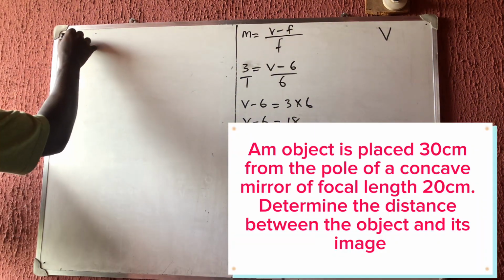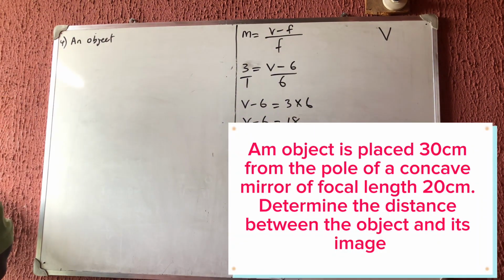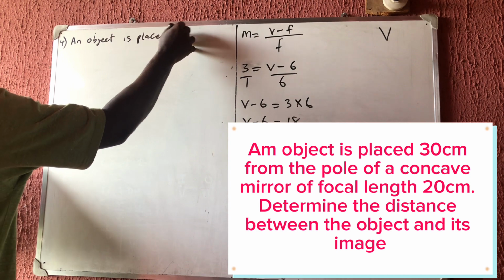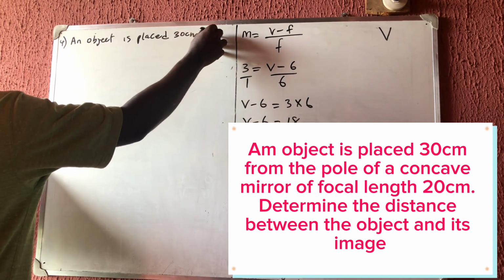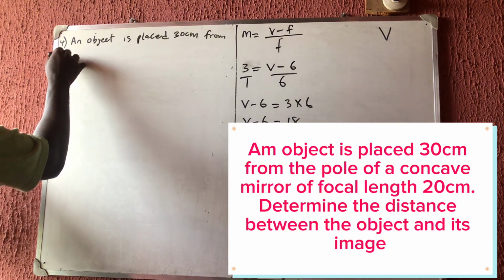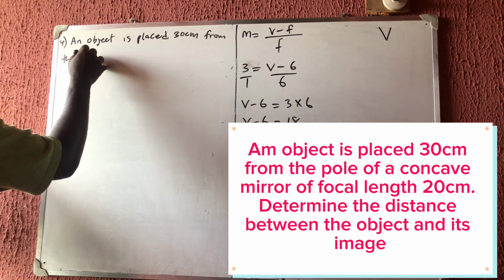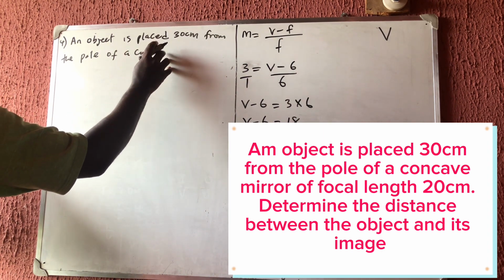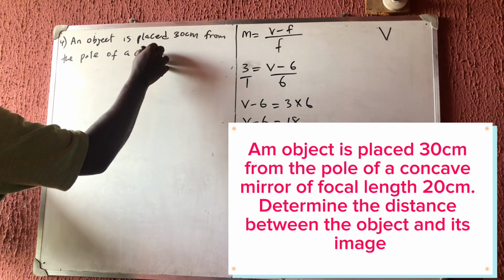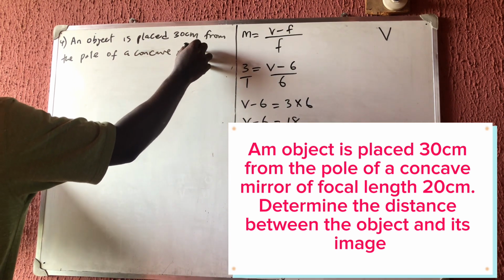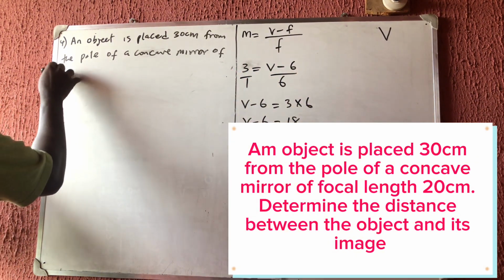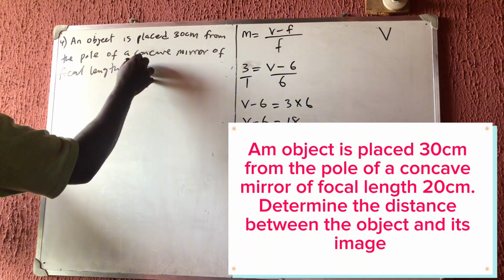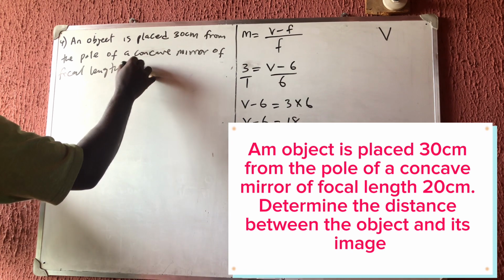Question number 4 said: an object is placed 30 cm from the pole of a concave mirror of focal length 20 cm.